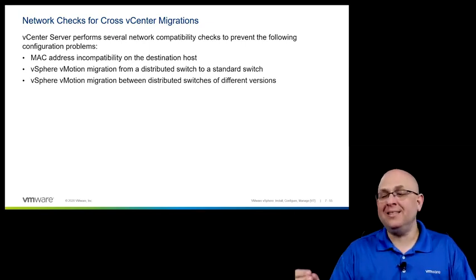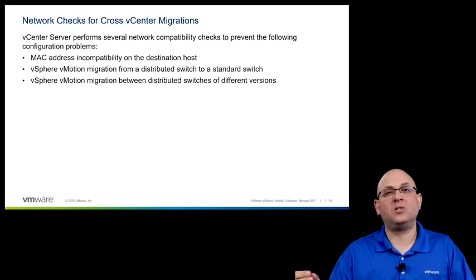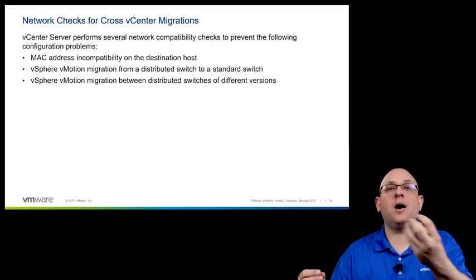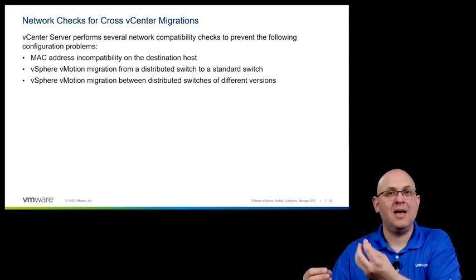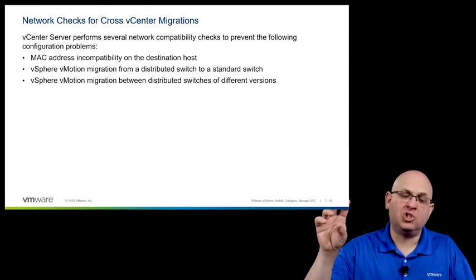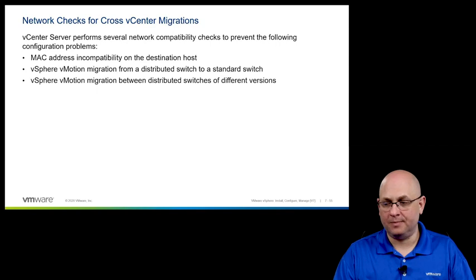So during this network check, what the destination vCenter will do is it will look at the MAC address of the incoming virtual machine and virtual NIC, and if the MAC address matches the blacklist, it will change that MAC address as it comes into the new environment.